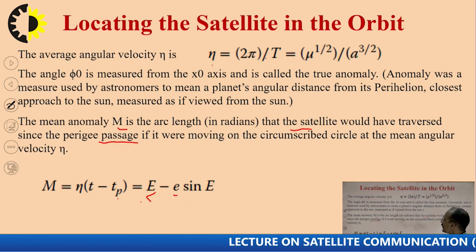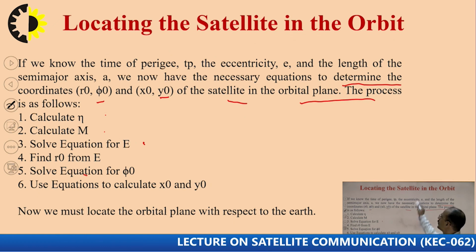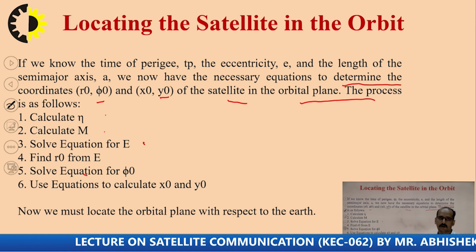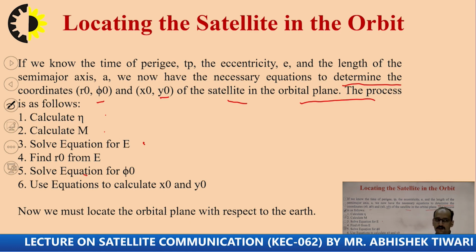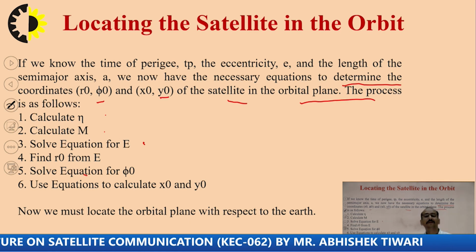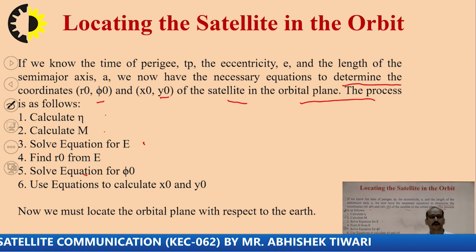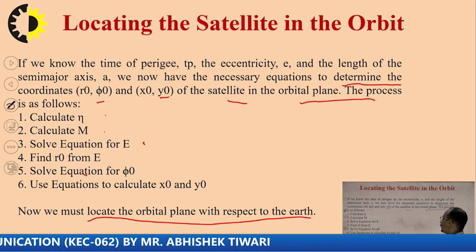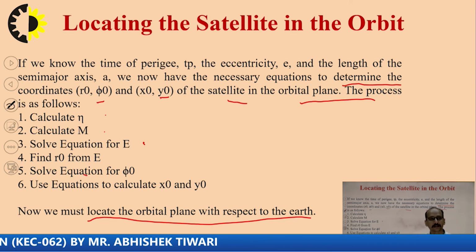So this is all about the location of the satellite in the orbit with respect to another observer which is located in space. Now our third condition will come into the picture, and in the third condition we must locate the orbital plane with respect to the Earth, meaning the Earth station.